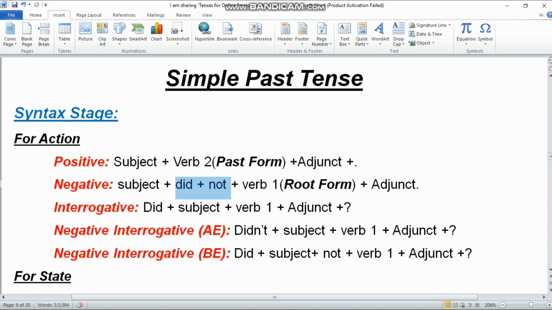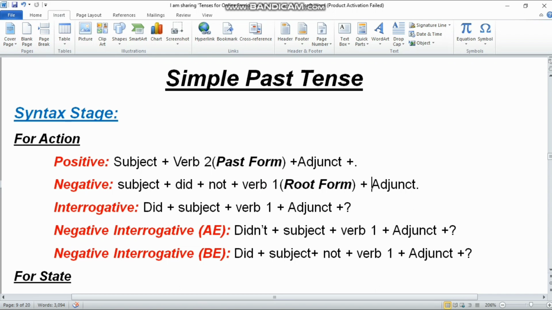But in simple past tense, whether the subject is singular or plural, we always use the auxiliary did. And once did is used, we always use base form of verb, which is grammatically called root form of verb, the first form of verb. And the rest of the sentence should be in its own place.